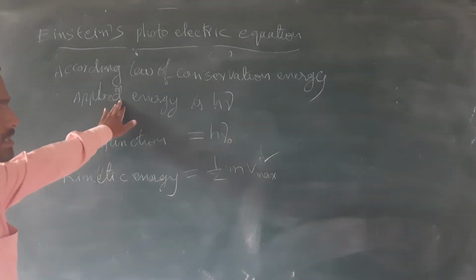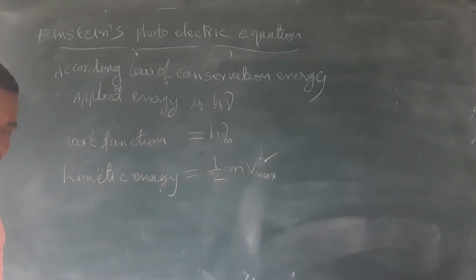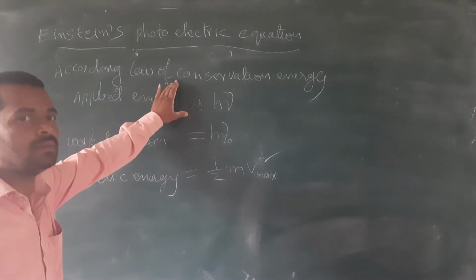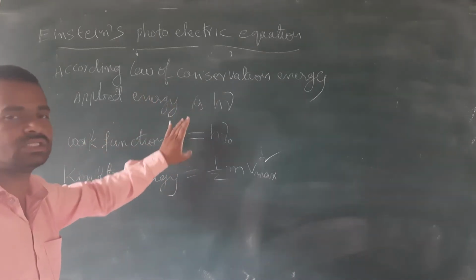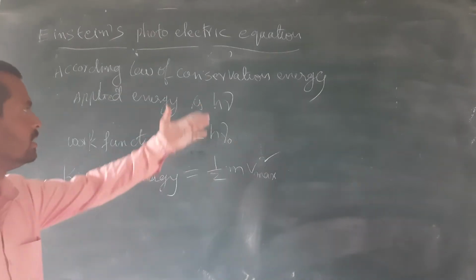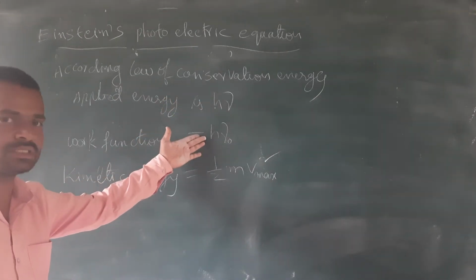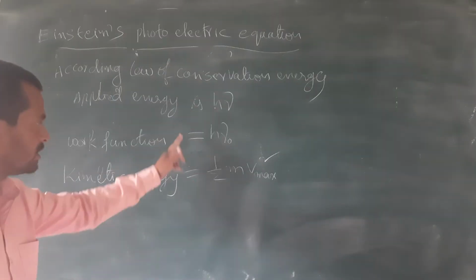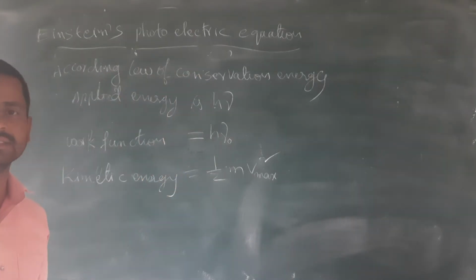See, this energy is utilized in two ways. That means this energy must be equal to the sum of these two energies. Why? This energy is only divided into this much and this much. If you have the total energy, you must get this energy.